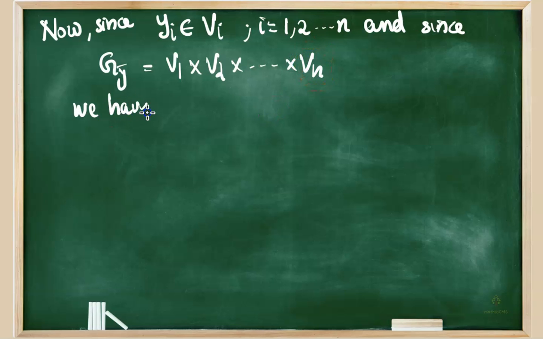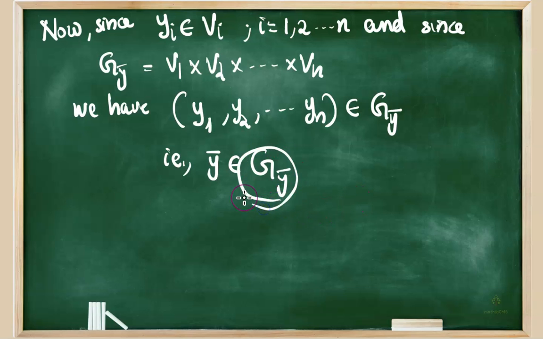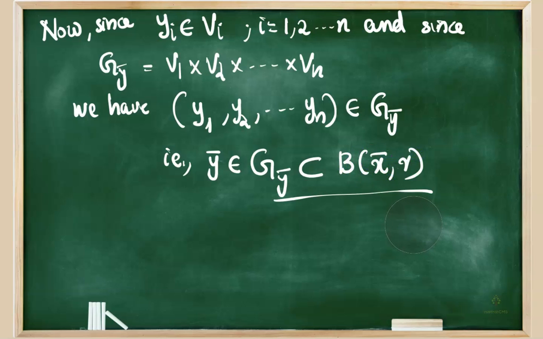So we have the n-tuple y1, y2, etc., yn. This will belong to G_ȳ, that is ȳ. This point is a member of the set G_ȳ, and we need to show that this is the required set. That is, this set will be contained in the open ball B(x̄, r). Now we are going to prove this inclusion.